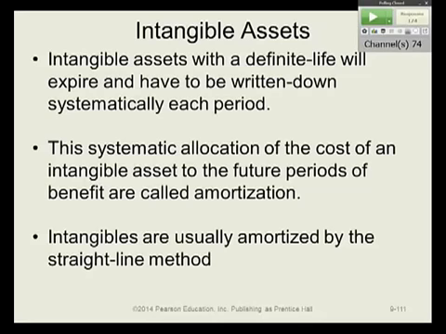So just remember, depreciation, plant assets. Depletion, natural resources. Amortization, intangible assets. And in many cases, if you go into finance, you call that DDA, depreciation, depletion, amortization. It's all the same, has the same effect, but it's a different term for each.